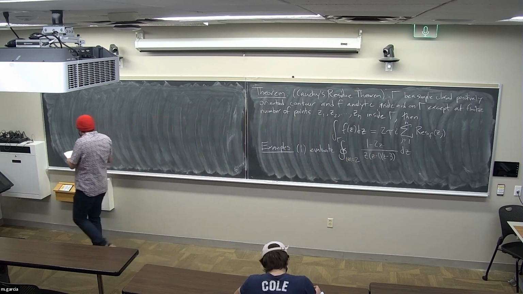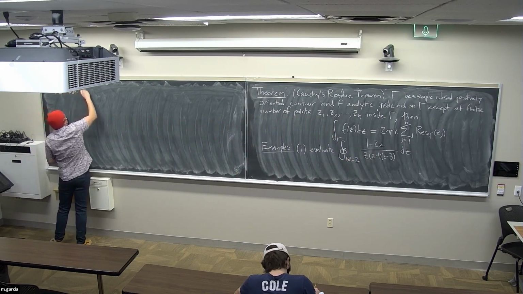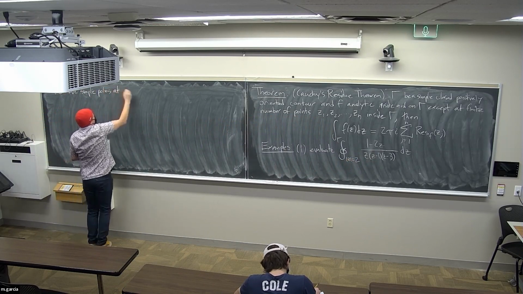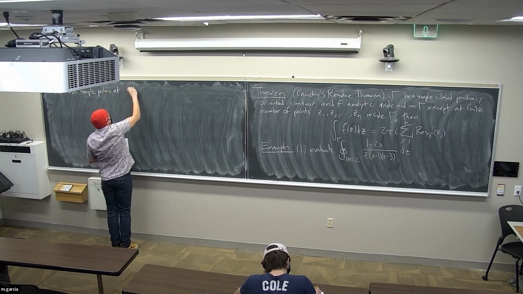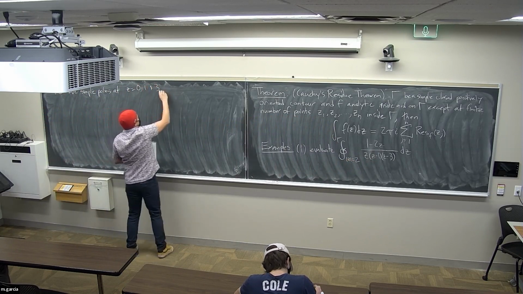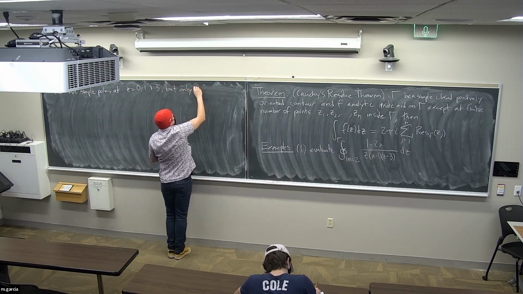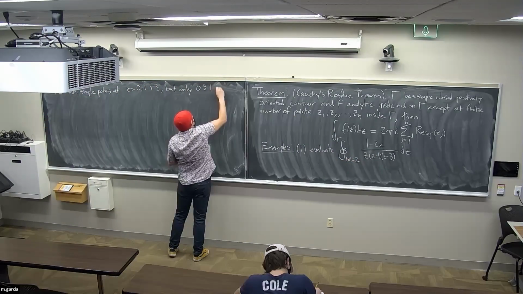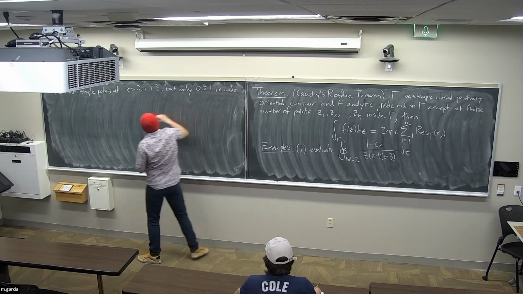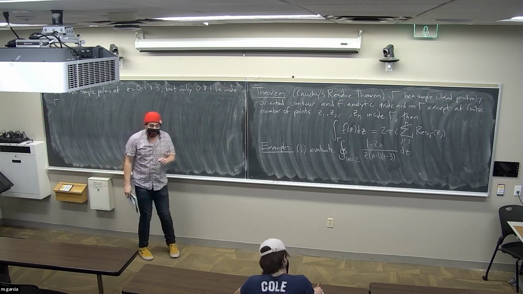So we have simple poles at 0, 1, and 3, but only 0 and 1 lie inside gamma. So they're the only ones that will contribute to the integral.